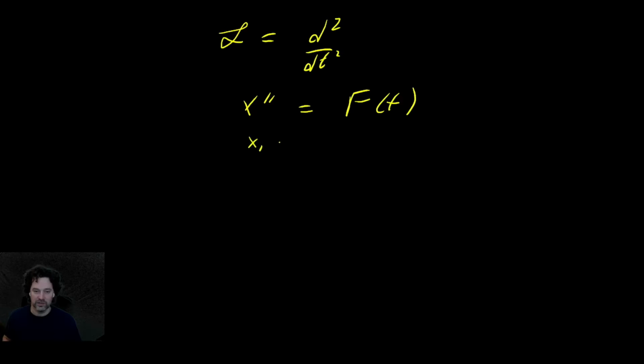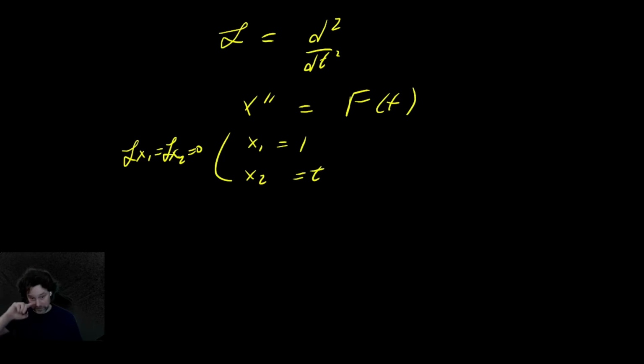We can say x1 is 1, x2 is t. Take the second derivatives of either of these, we're going to end up with 0, so those both satisfy L x1 equals L x2 equals 0.